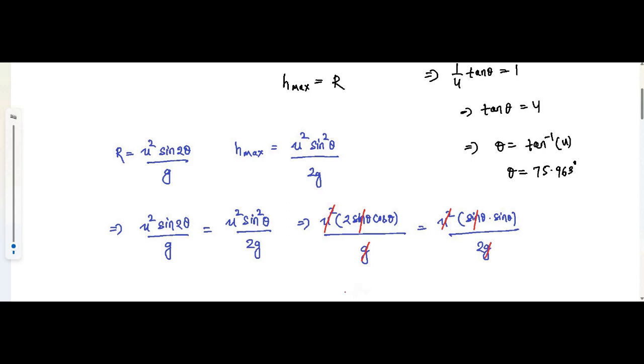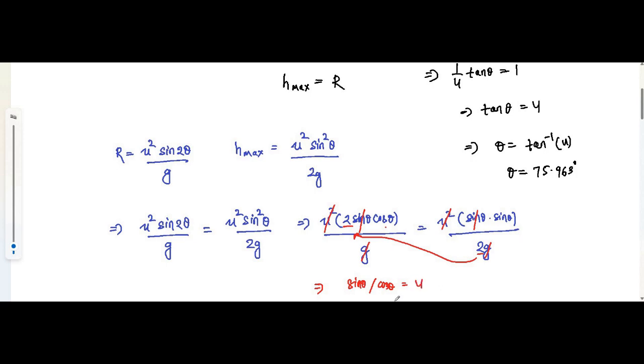That implies sine theta by cos theta, this cos theta goes to the denominator here. So sine theta by cos theta is equal to this 2, it goes and gets multiplied here.